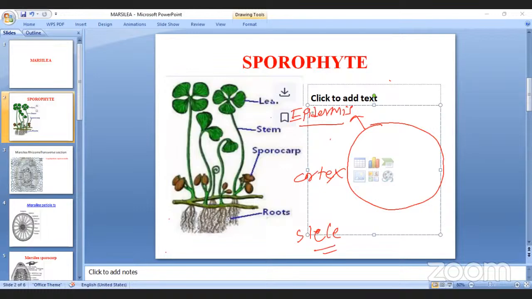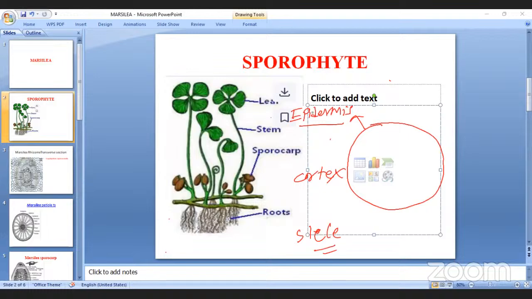Not only in rhizomes, if you take stem, leaf and root, the epidermis is always the limiting layer, single layer, thick, parenchymatous. Stomata are absent in the epidermis. If it is a leaf, stomata are present. In some stems, stomata are present, and in some rhizomes also, but not here.